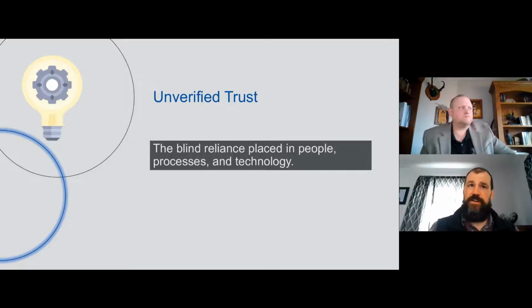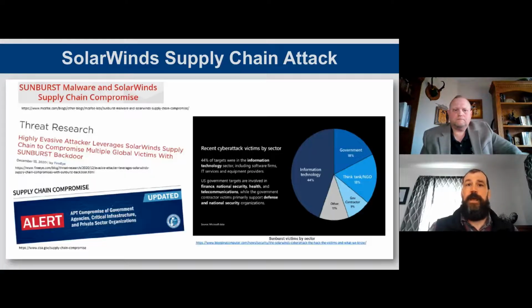So, unverified trust is again this blind reliance placed in people, processes, or technologies. And I just want to hit one more example real quick to put a bow on this, and then we'll open it up for questions.